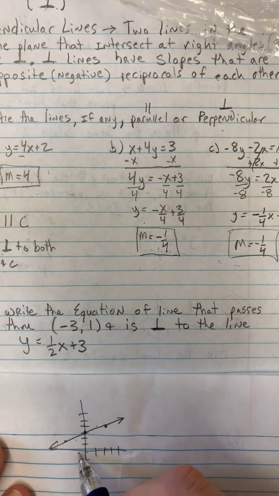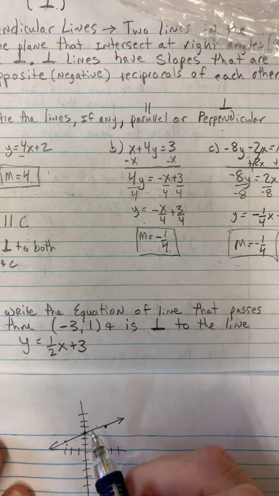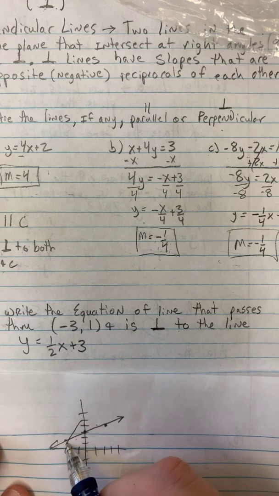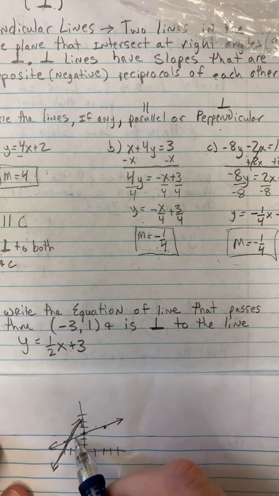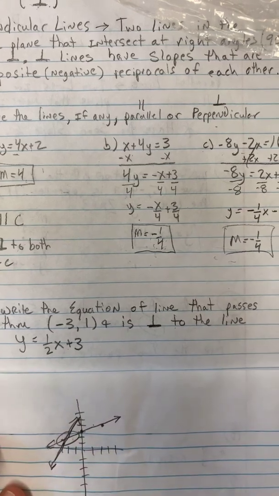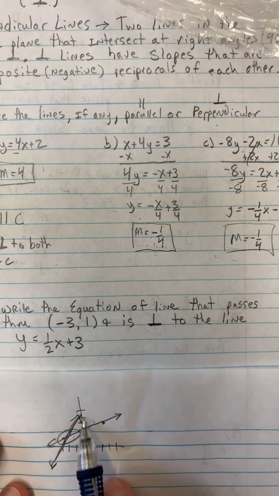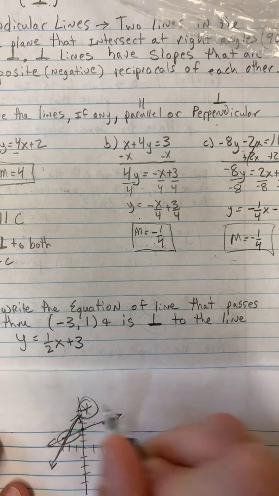Perpendicular to it passes through the ordered pair -3, 1. So you've got some sort of line that passes through there, and we know that it's perpendicular to it because it tells us that it's perpendicular. This is the line that we know. This is the one that we want to find.